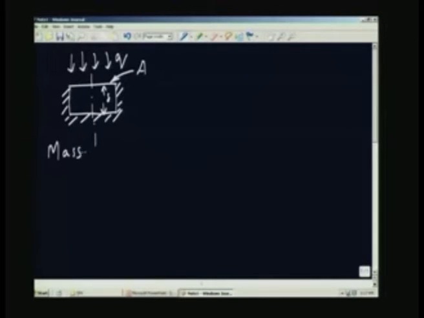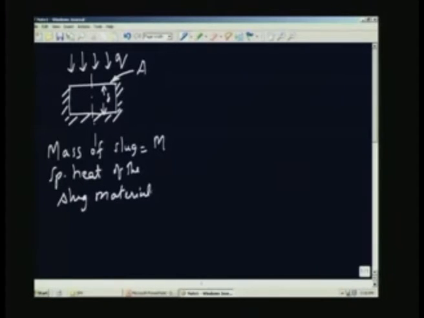Actually it is a circular cylindrical specimen, and we can assume that it is more or less well insulated on the sides, and we have a certain thickness delta, and then we have the Q which is coming in at the top surface, and the area of this surface is A. So the slug has a mass of slug equal to m, and the specific heat of the slug material is C. So this will be so many kilograms, and this will be in joules per kilogram degrees Celsius.